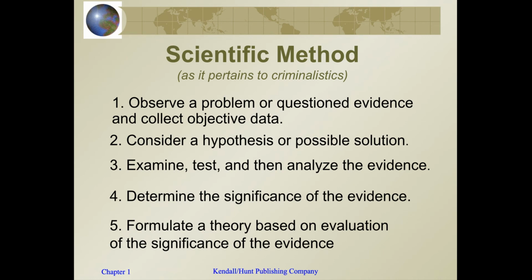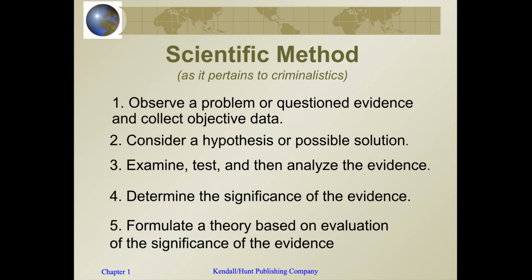So this is a science class. Not surprisingly, we are talking about the scientific method. Now, that slide says, as it pertains to criminalistics, you can use the word criminalist and forensic scientist interchangeably. If we want to get really technical, we should talk about the area of forensics, and the criminalist is who analyzes all the different types of evidence.